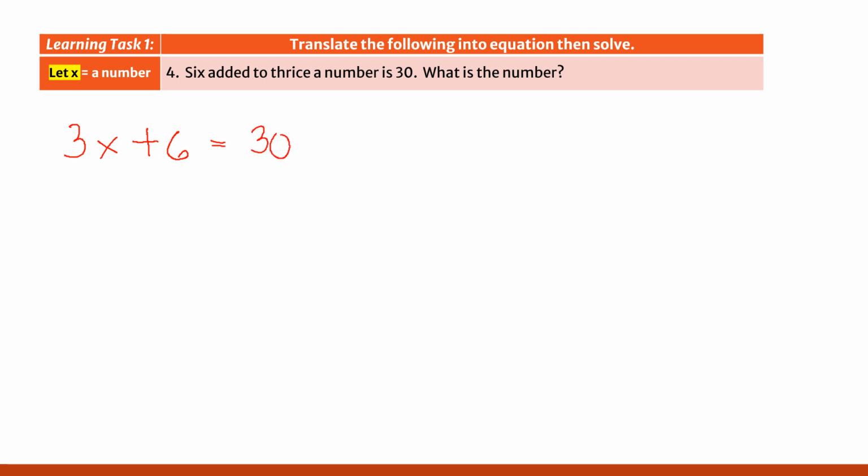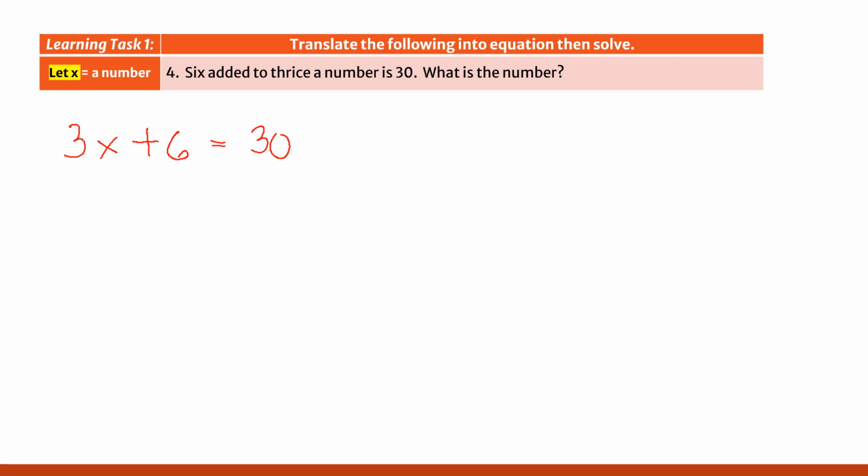Okay? So again, tingnan natin. 6 added to thrice a number is 30. To remove this constant term on this side, etong plus 6 na to, ang opposite niya ay negative 6.